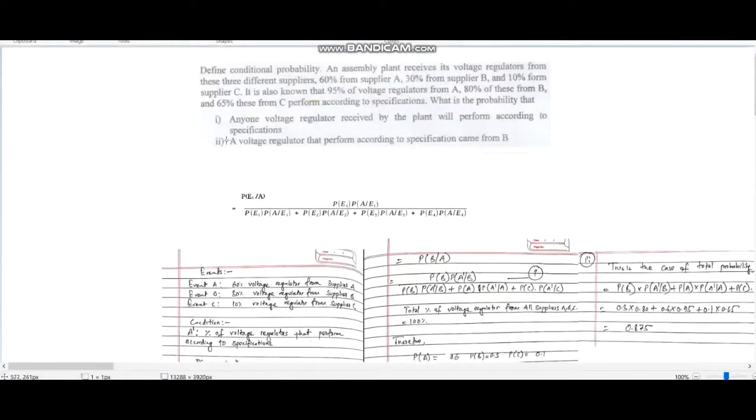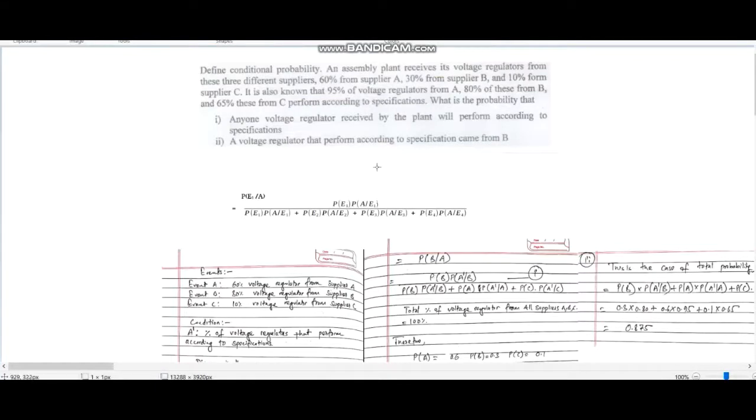So currently we are doing number 2, we'll do the number 1 part later on. In number 2, we have to find the probability that the voltage regulator that performs according to specification comes from B. So the event here will be that the voltage regulator comes from the supplier B. So this is an event, and we need a condition.